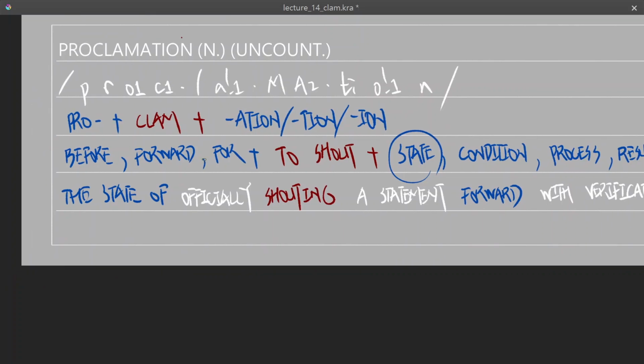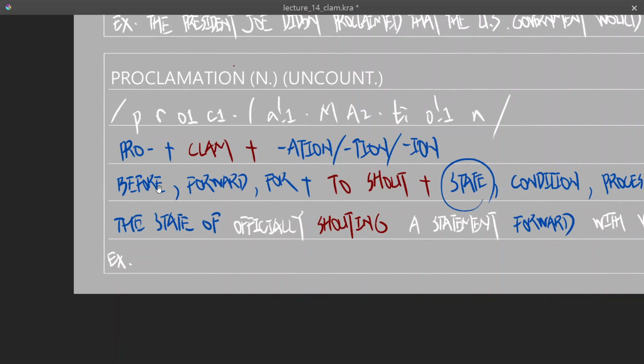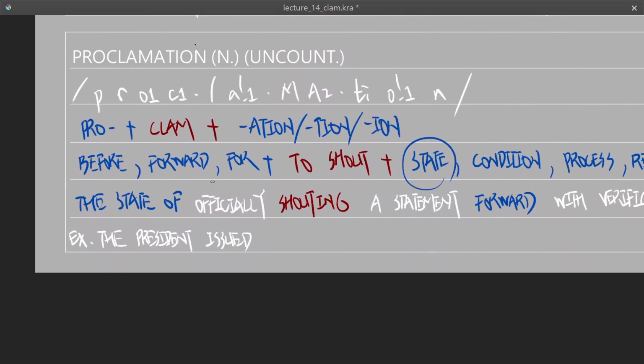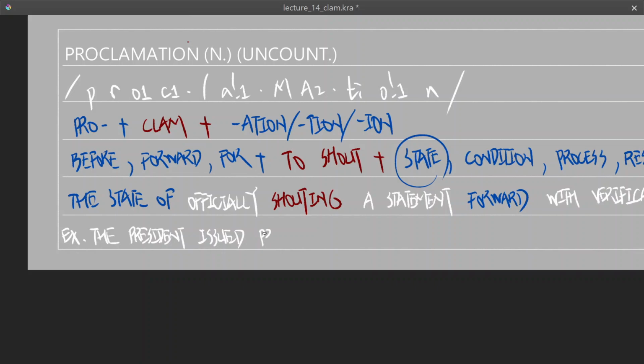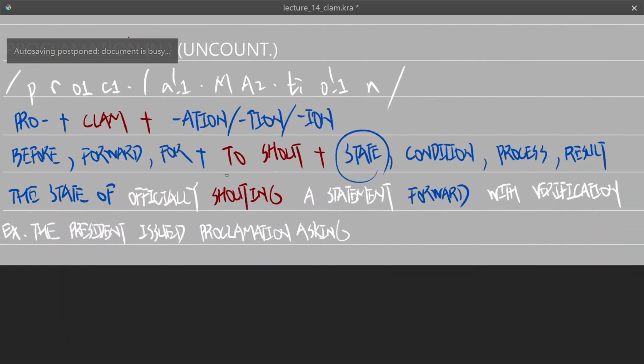Right. So for example, let's say the president issued a proclamation asking, what?